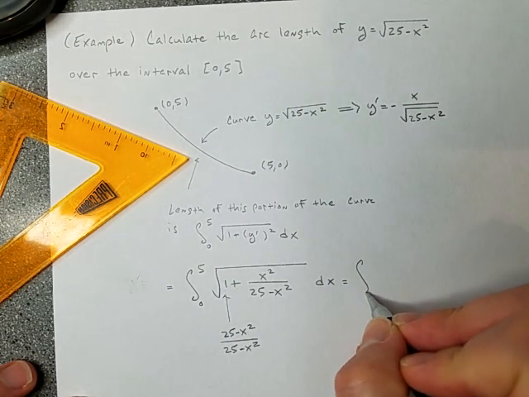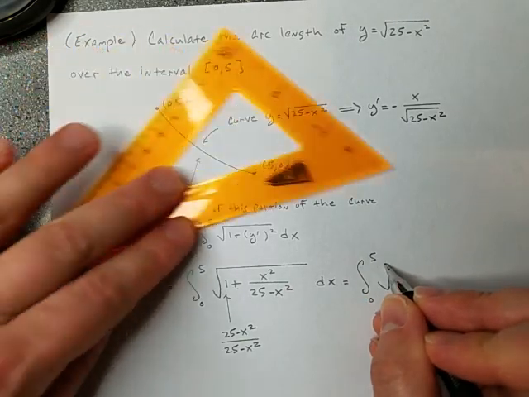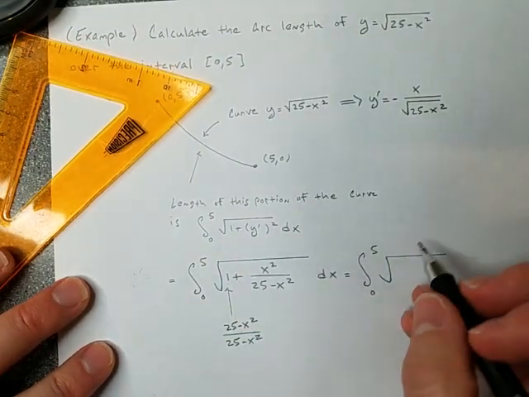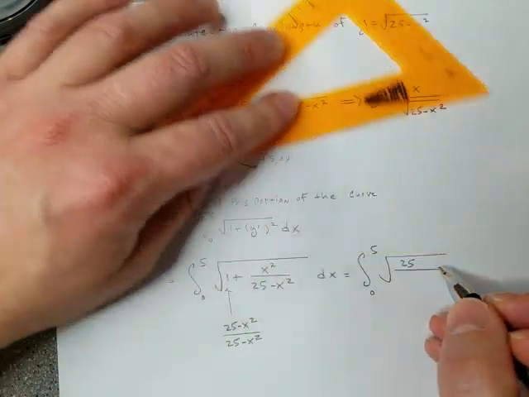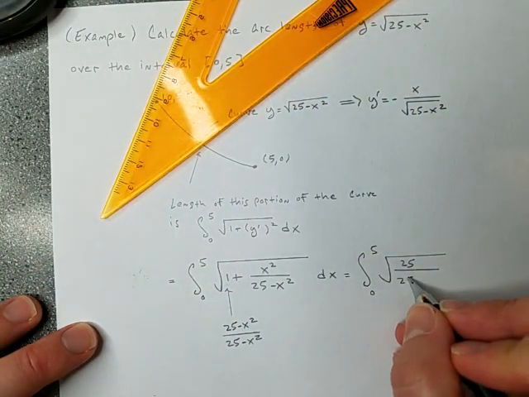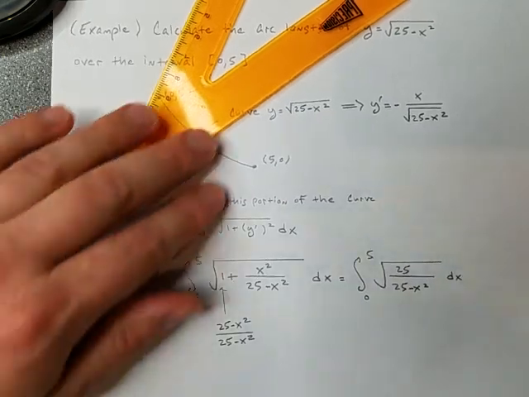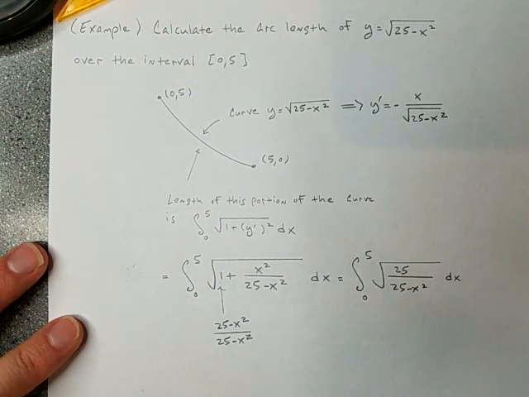And so I'm going to get the integral from 0 to 5 of root, let's see, what did I say? 25 on top, and then underneath it, also under the root, 25 minus x squared dx. All right, now let's go one more step further.